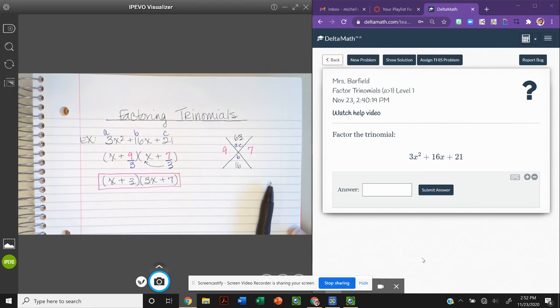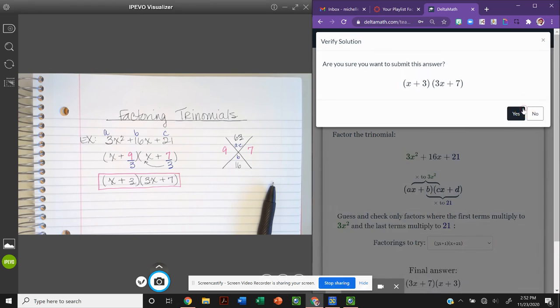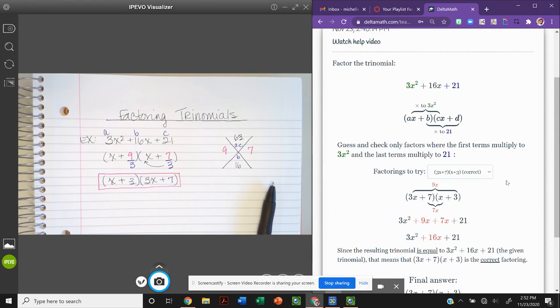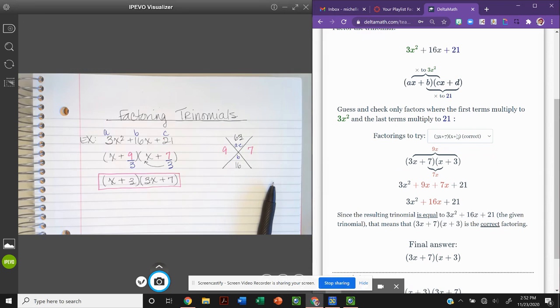Okay. All right. So now if I go over here in Delta Math, I'm going to type in x plus 3, parentheses 3x plus 7, submit my answer. Okay. All right. Now there are options here for you to check your answer, okay?